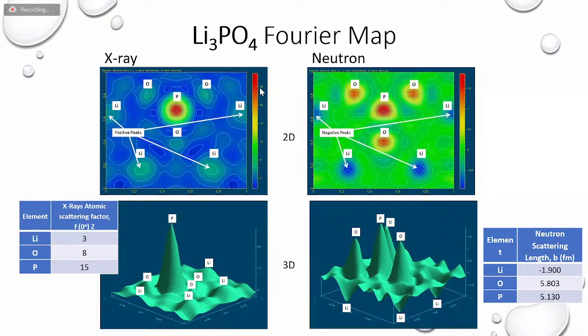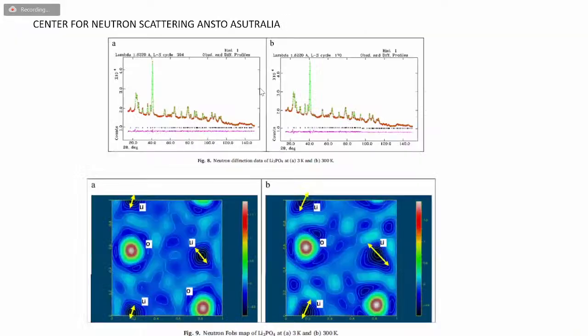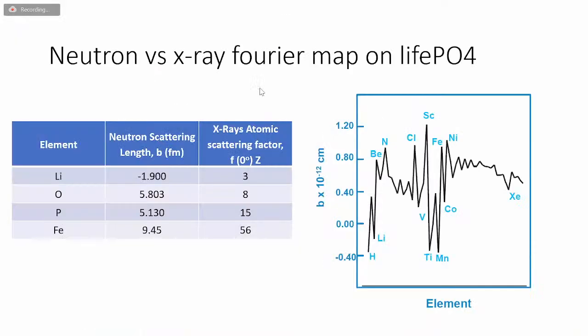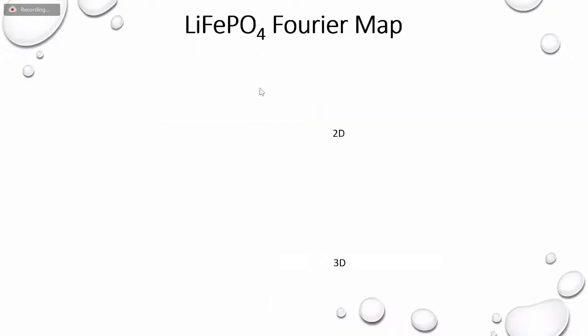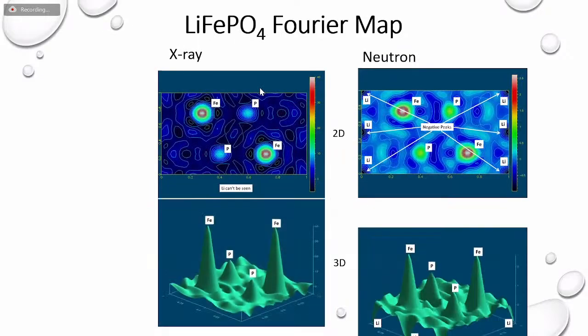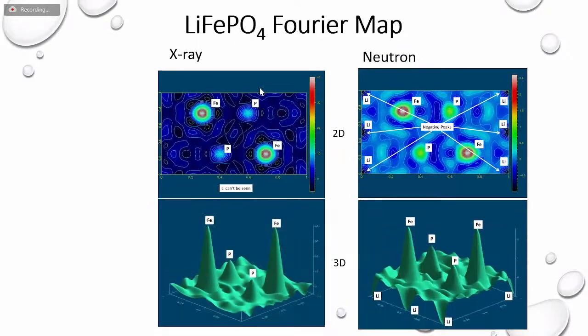This is the difference between neutron and X-ray. We do all this characterization, and also for the other, lithium iron phosphate. So we can see the difference in the electron density map.